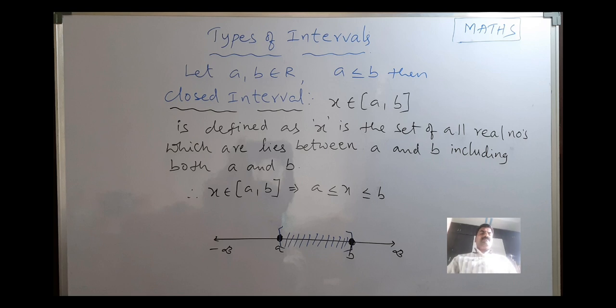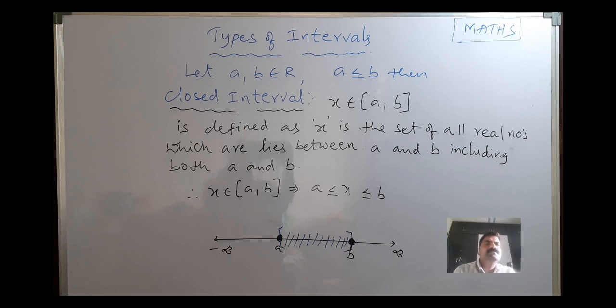The meaning is we need to include those particular points also. Hence, clearly from that number line, we can understand that closed interval a comma b is the set of all values which lie between a comma b, including a and b.